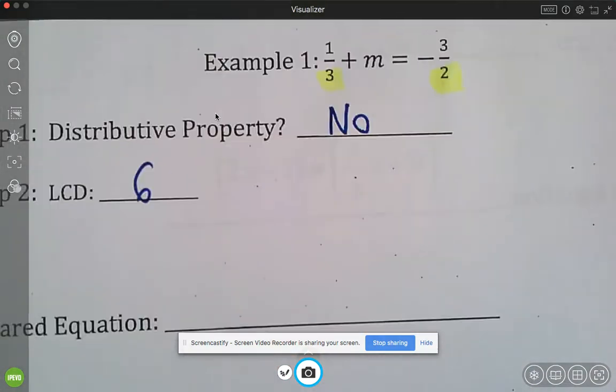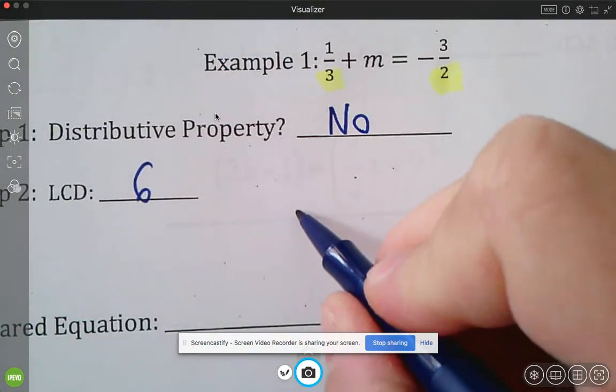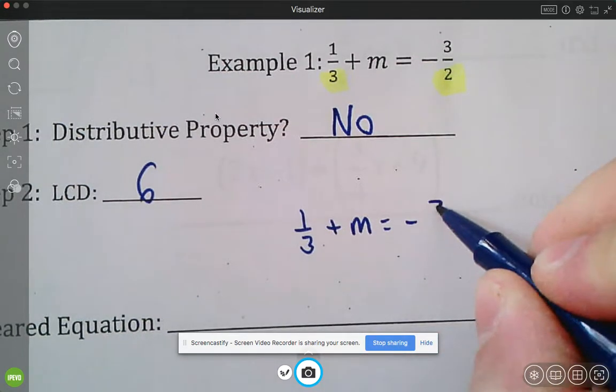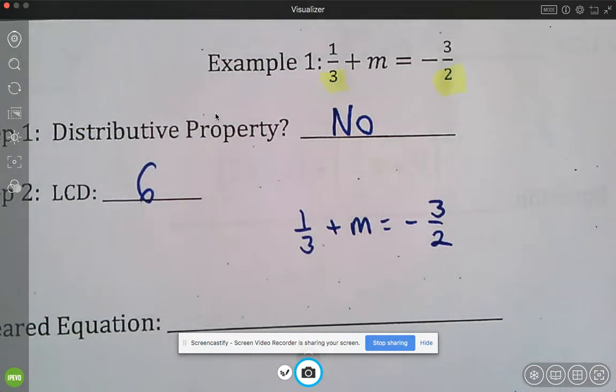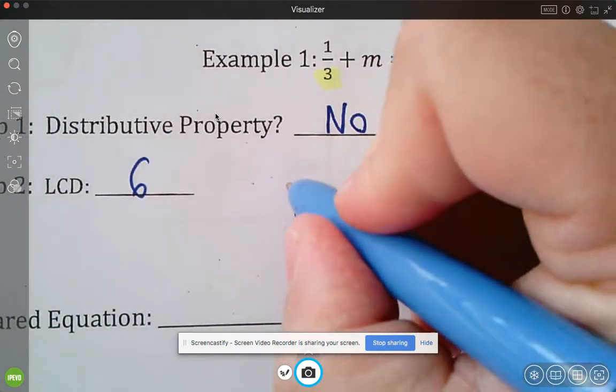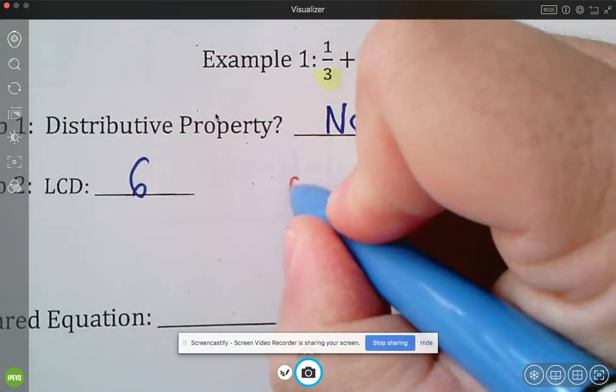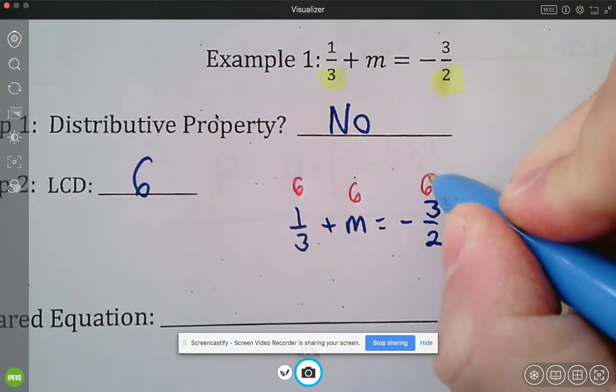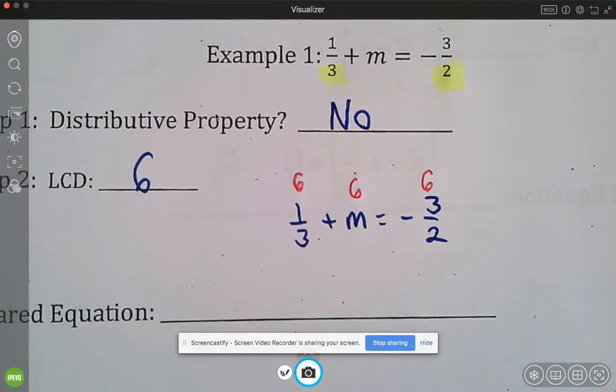So now let's just rewrite the fraction equation here: 1/3 plus m equals -3/2. Now what I want to do is multiply everything by the number 6.